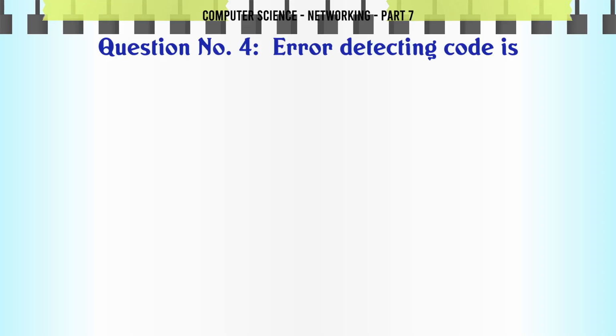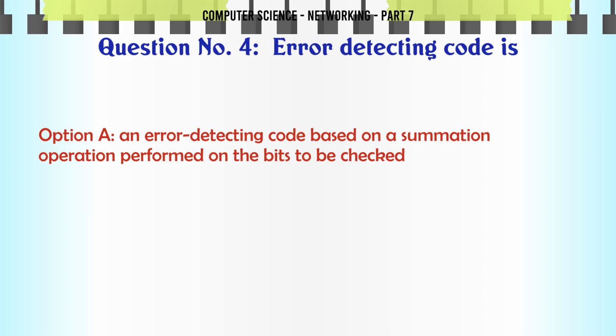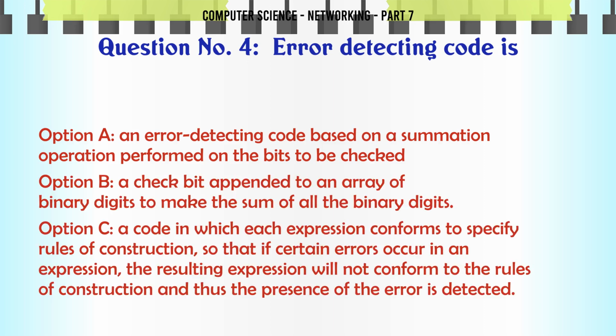Error detecting code is: A. An error detecting code based on a summation operation performed on the bits to be checked. B. A check bit appended to an array of binary digits to make the sum of all the binary digits. C. A code in which each expression conforms to specify rules of construction so that if certain errors occur in an expression, the resulting expression will not conform to the rules of construction and thus the presence of the error is detected.